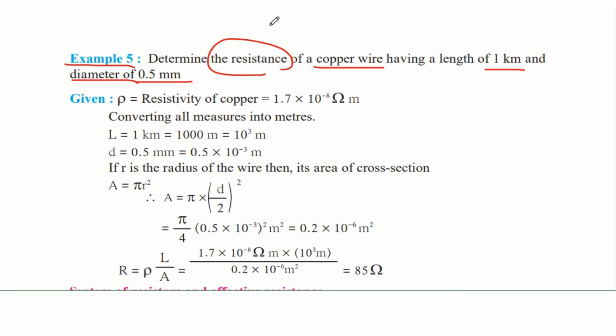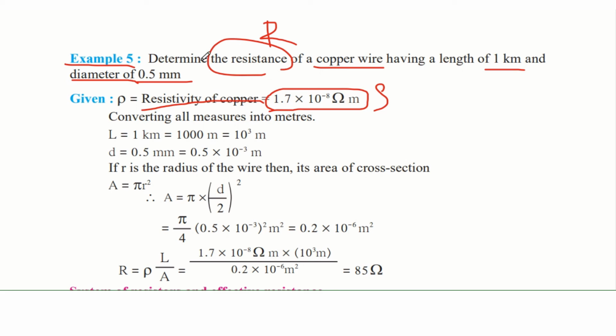And we have to find out the resistance, that is R. So the resistivity of copper is 1.7 into 10 raised to minus 8 ohm meter. And all copper wires have the same resistivity because resistivity depends on the material of the wire. So we know that the resistivity, that is rho, is 1.7 into 10 raised to minus 8 ohm meter.